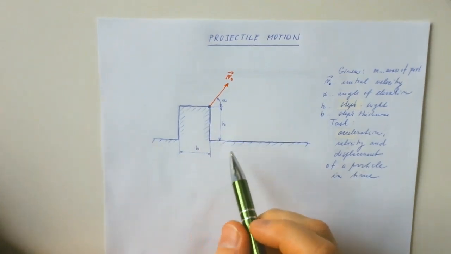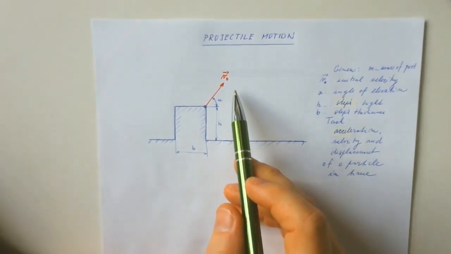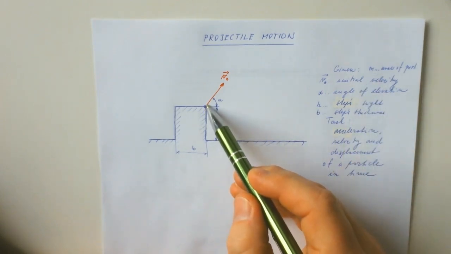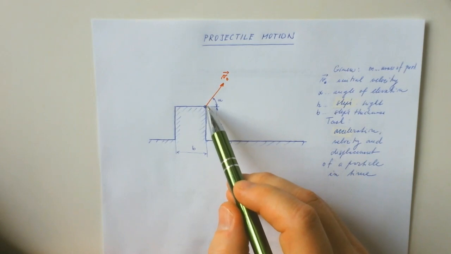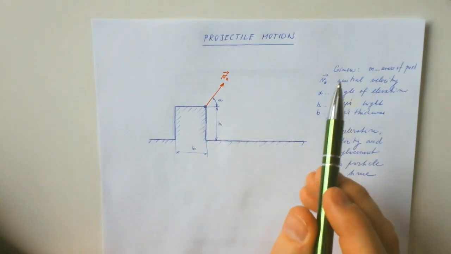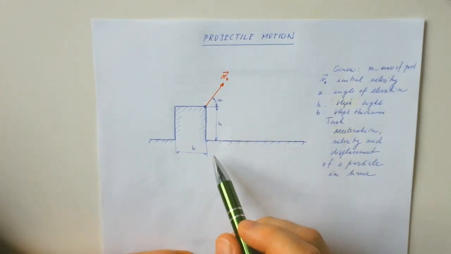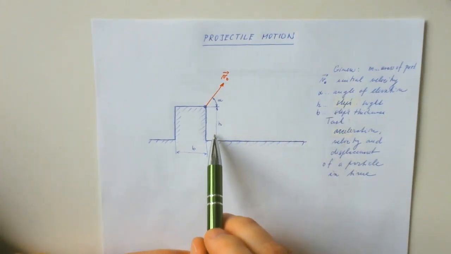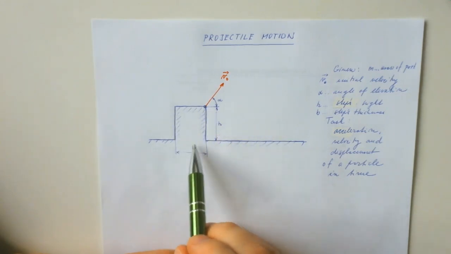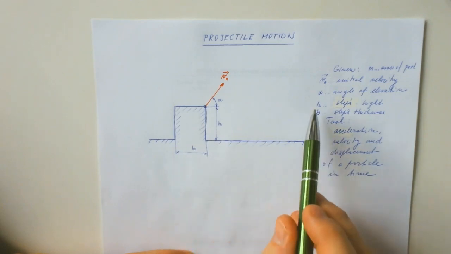Let's solve projectile motion. The mass of the projectile is m, a particle which was fired from this place with velocity v0 at time 0. Let's consider we have here some step, with height and thickness h and b.